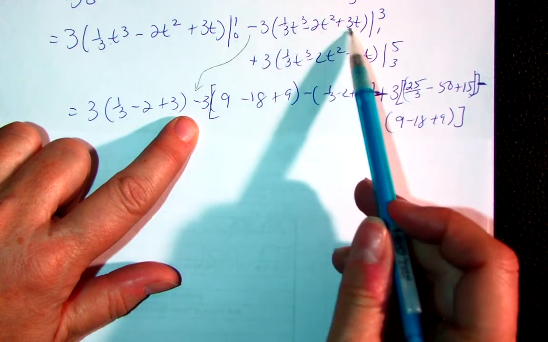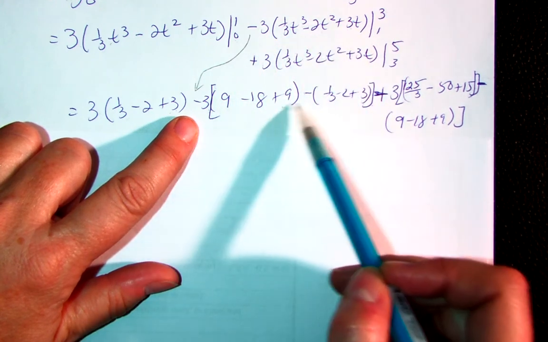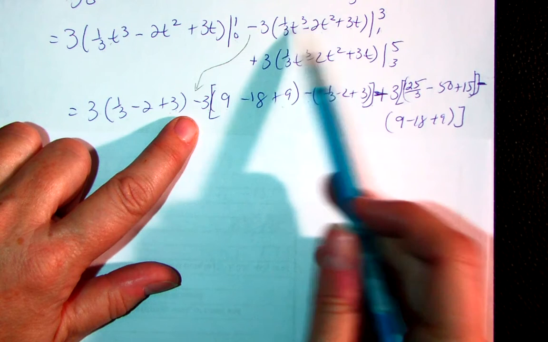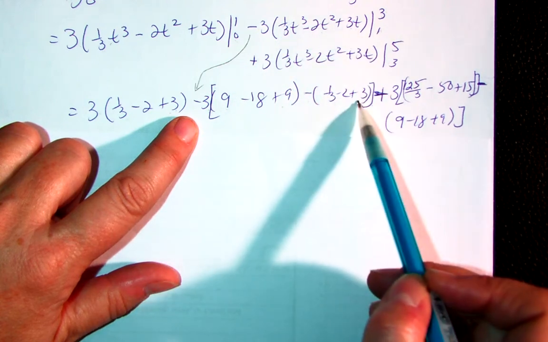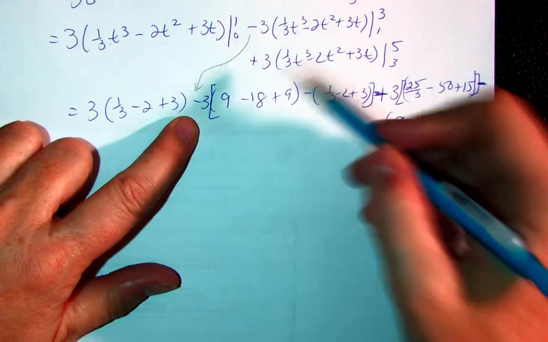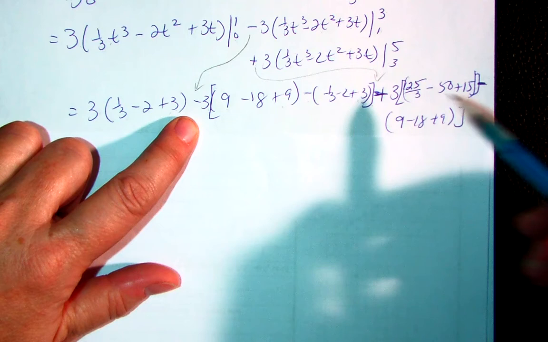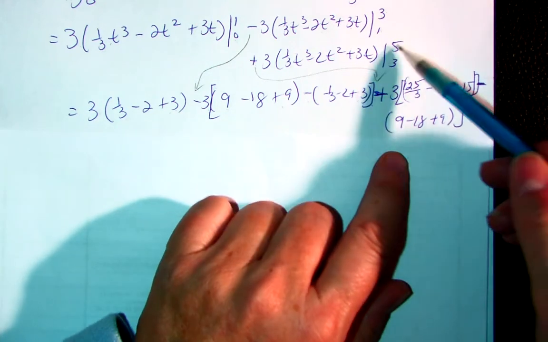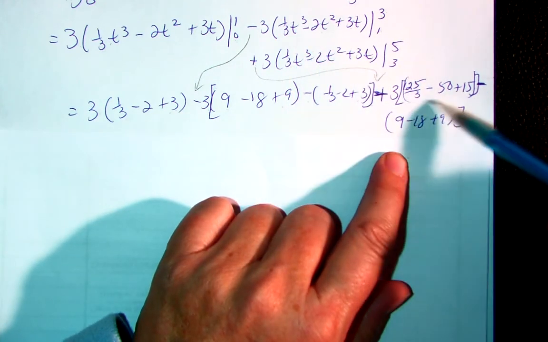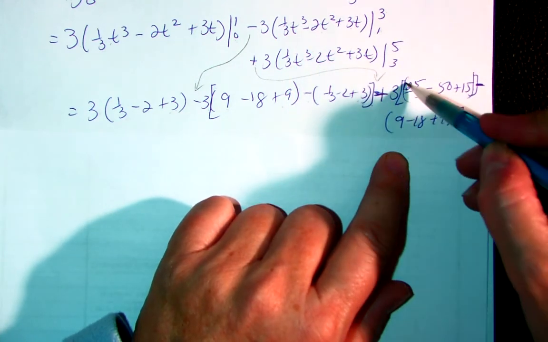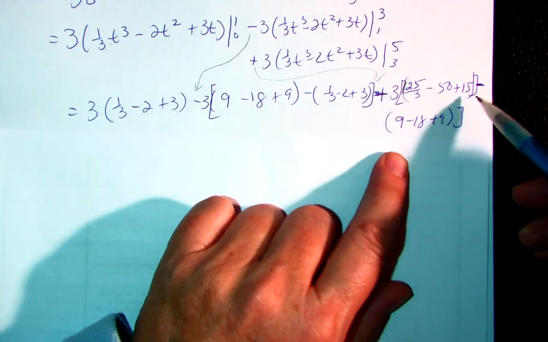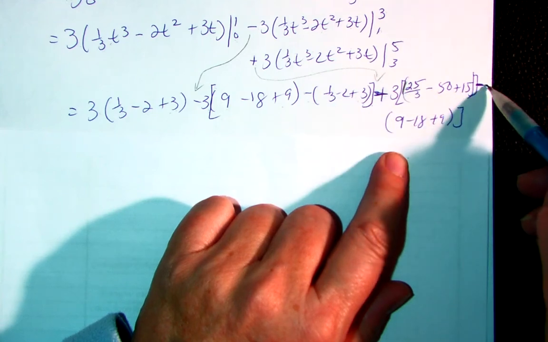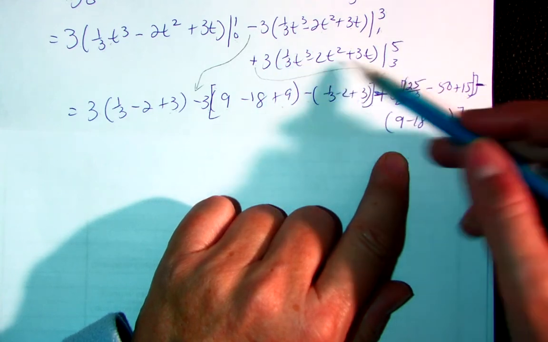Put 3 into this. Minus, I'm going to put 1 into this. There's my plus. Now I'm going to put 5 in. That's 125, because 5 cubed is 125. Minus, I'm going to put 3 in.